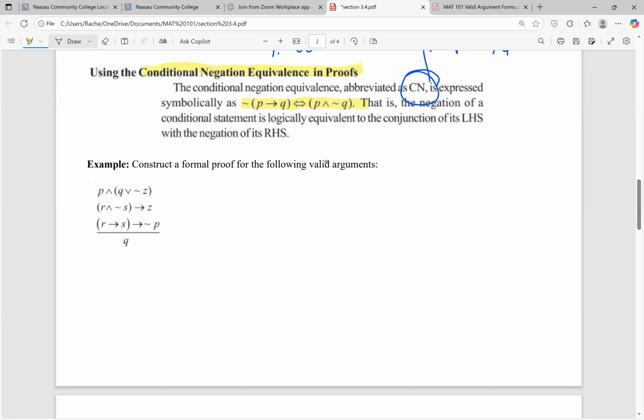So let's look at this next example. Let's construct a formal proof for this valid argument. Let's set up our statements and our reasons.